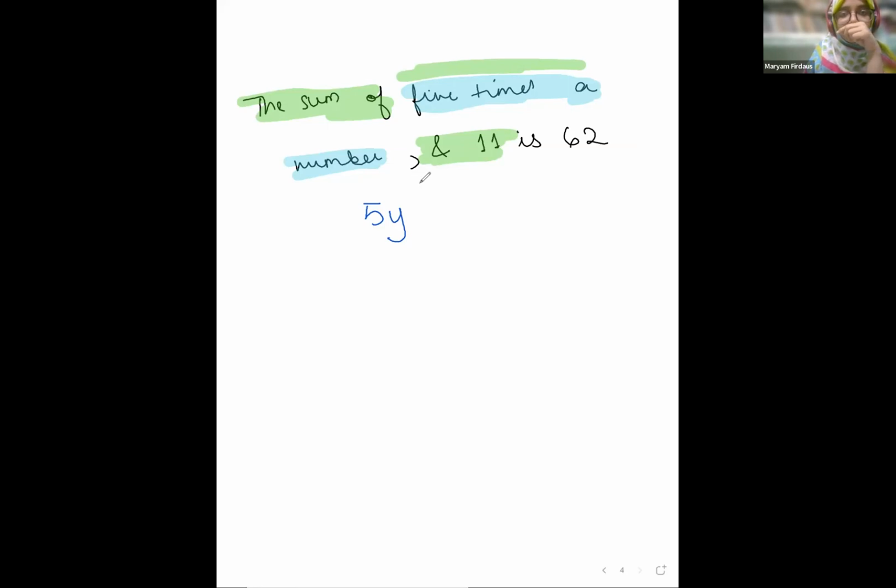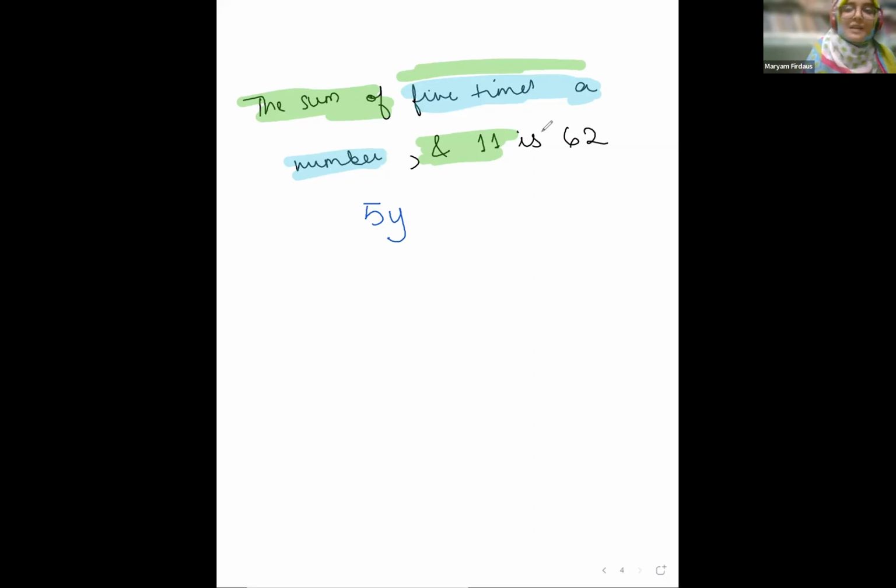Forget about 62, we are not focusing on 62 right now. We are only looking at this green part. The sum of the blue part and 11, the sum of two things. Sum of what and what?